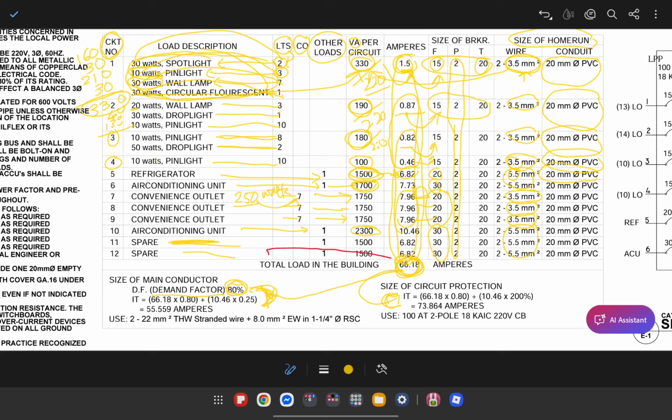So to be practical, we only use an 80% demand factor.